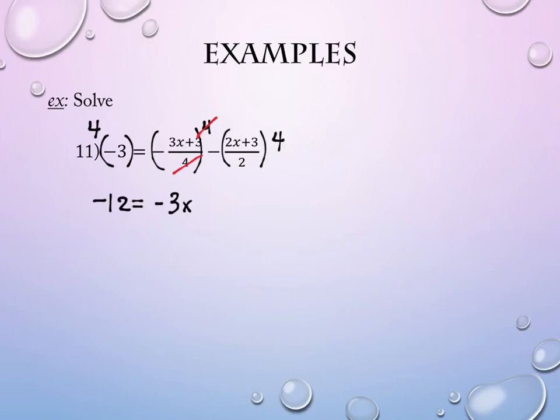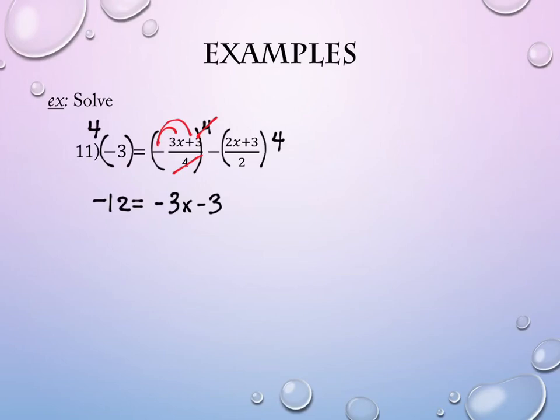However, the negative in front applies to everything in the numerator. So the negative applies to the 3x, but it also applies to the positive 3. So I get negative 3x minus 3.